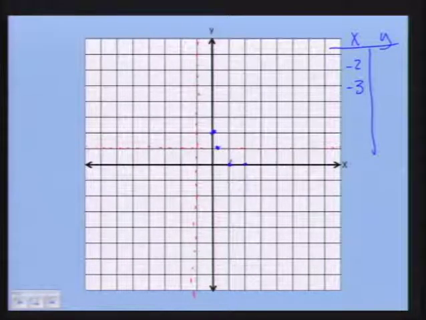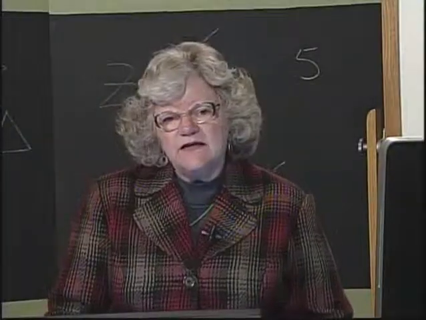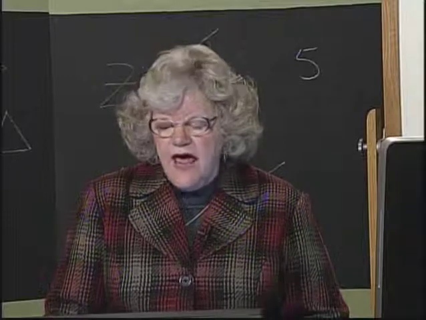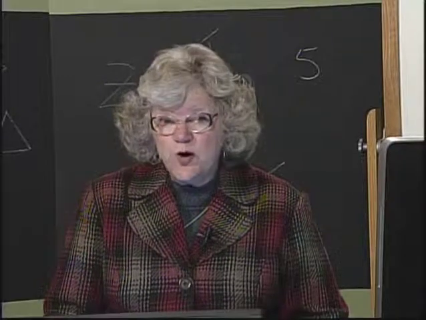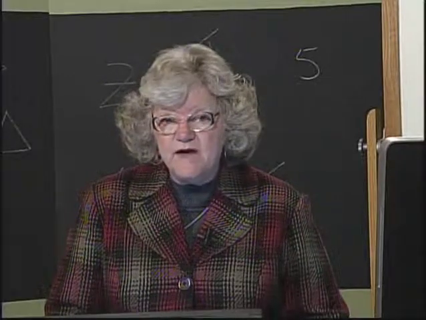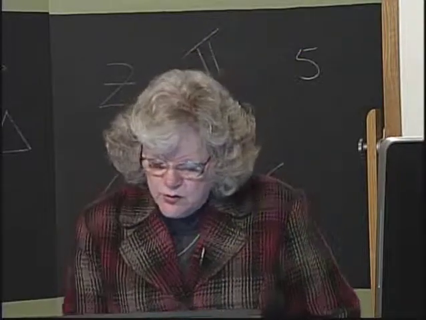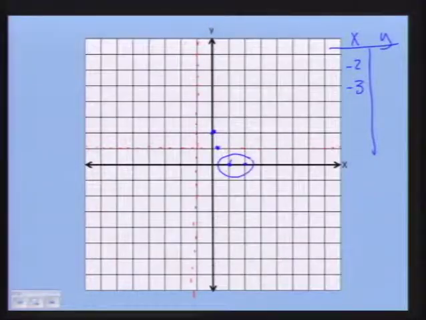So -2 and -3. Now you know what? I'm really worried about what happens on that x-axis because I already know that thing's not going to turn around and go back up through the horizontal asymptote because I found all the crossings. So what does it do right in here? What would it do?